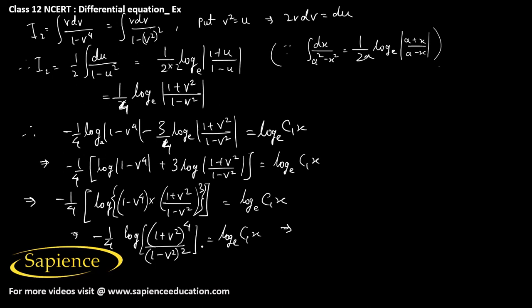So then we can write it as (1 plus v square) whole power 4 divided by (1 minus v square) whole square, that is equal to (c1x) whole power minus 4.